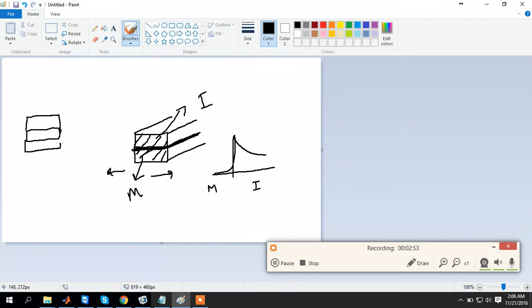For instance, this is your 3-layer structure. So this one is region 1, this one is region 2, this one is region 3.